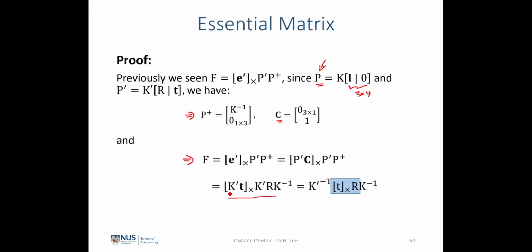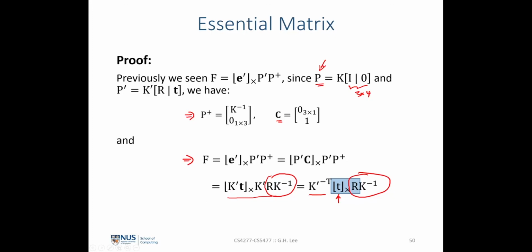I'll leave it to you to prove that K prime and the cross product or skew symmetric matrix, and K over here, can be factorized to become K prime inverse transpose multiplied by the skew symmetric matrix of T multiplied by R and K inverse, which remains from what we saw earlier.